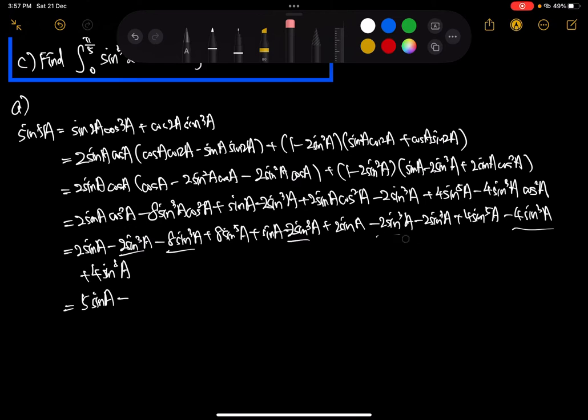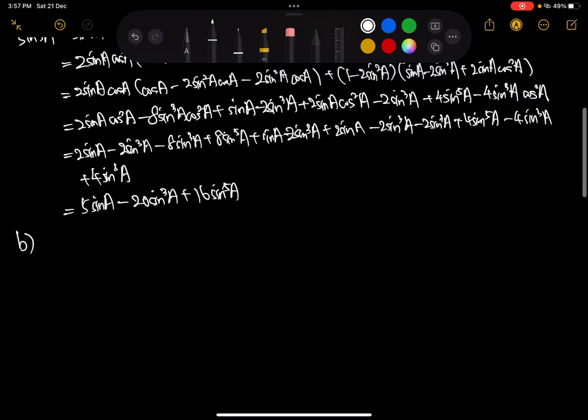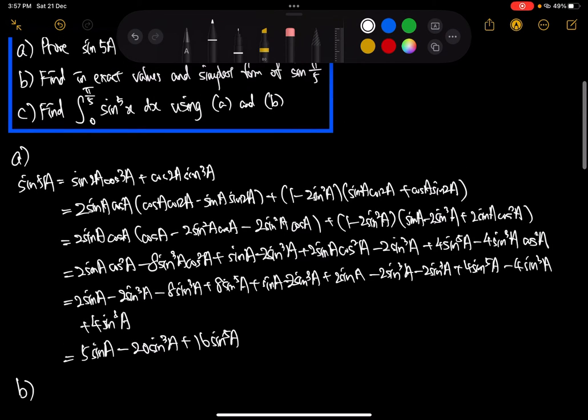Let's delete these lines. Sine cubed a plus, well, 8, 12, 16. 16 sine to the power 5 a. And that's it, that's part A. This is probably worth like 2 to 3 marks, I think.